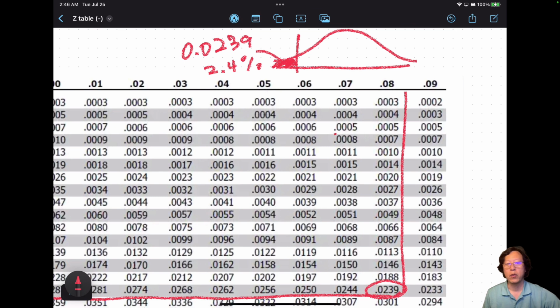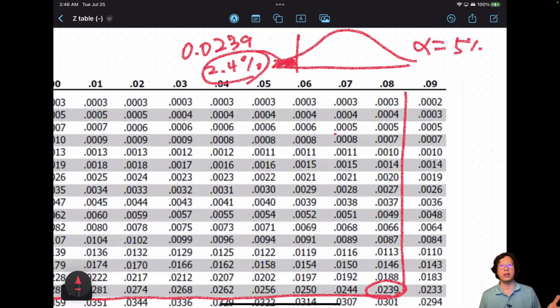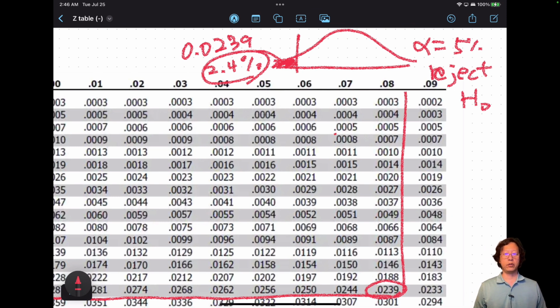So the probability that I can get a more rare case than my number is just 2.4%. Since I will use alpha of 5%, this is a more rare case, so we can reject the null hypothesis, which means the proportion of returns actually is smaller than 13%.